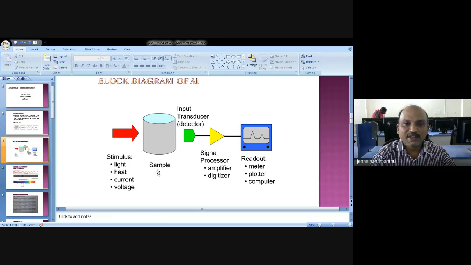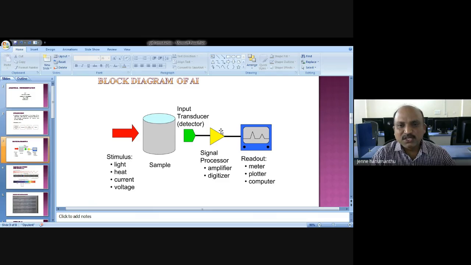This is a sample container. The sample container is given to the input transducer. It can act as a transducer, sometimes again as a detector. The output of the transducer is given to the signal conditioner or any processor.